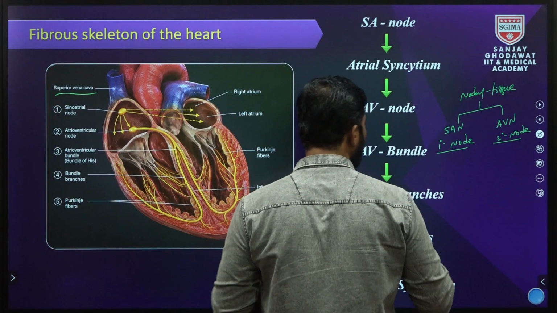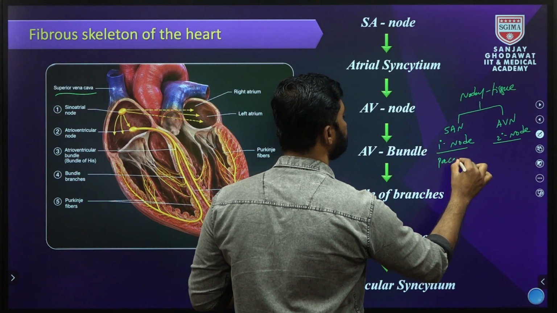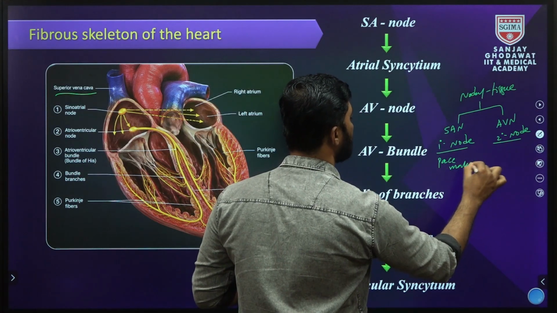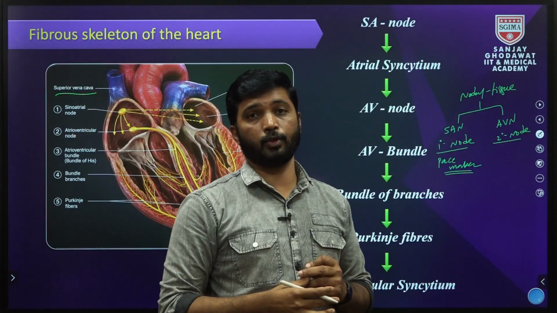The primary node is also called the pacemaker, because it initiates action potential without any help.